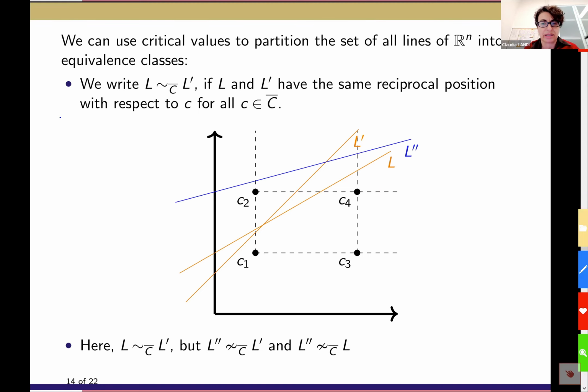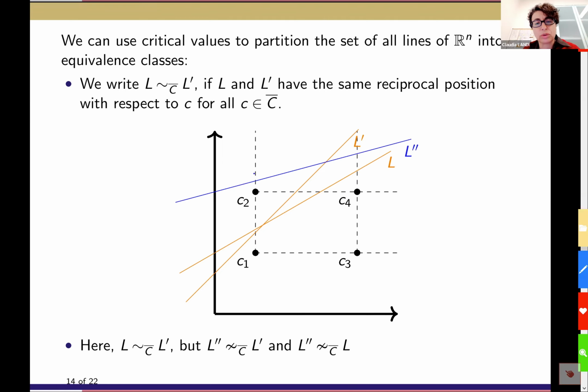They are always lines with the positive slope. And so, for example, L second is not equivalent to L, and not equivalent also to L prime, because C2 is not in the same reciprocal position. But this equivalence relation can be defined for any number of parameters.